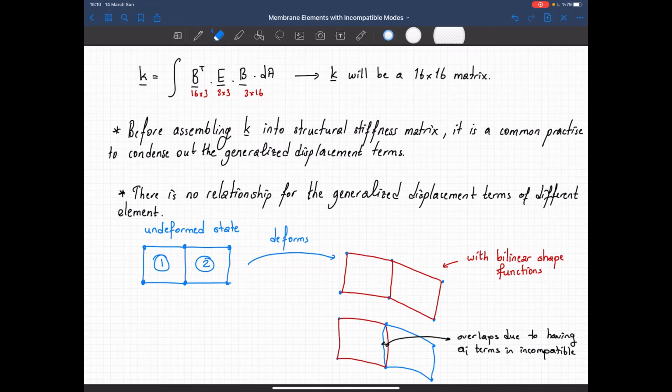That's why this type of elements are called incompatible elements.